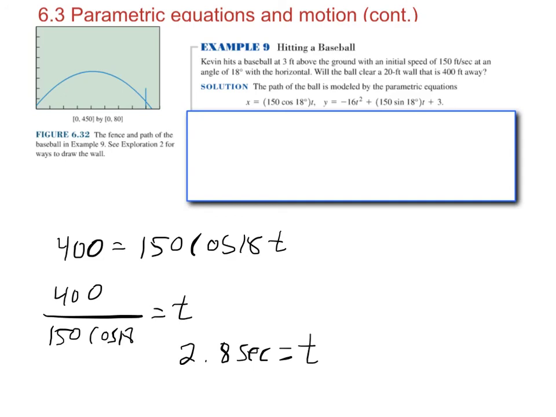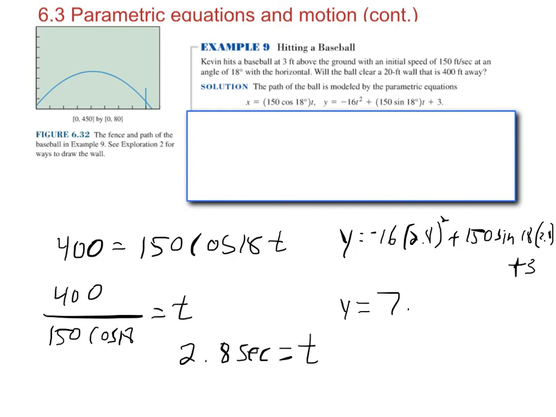And so plugging 2.8 into the y equation, we should get a solution of 7.35.